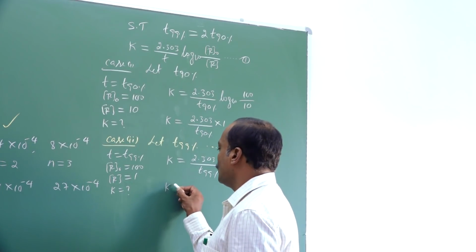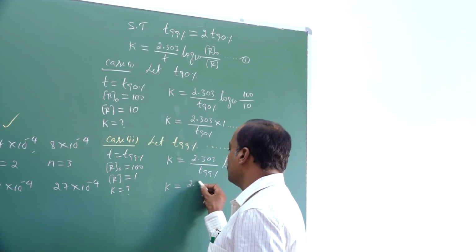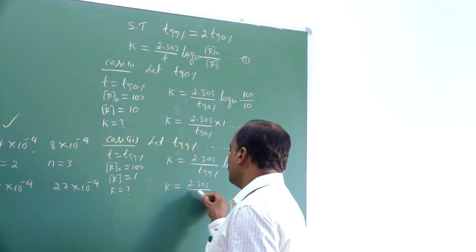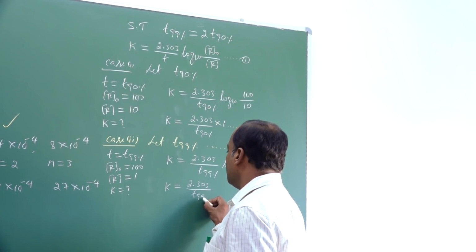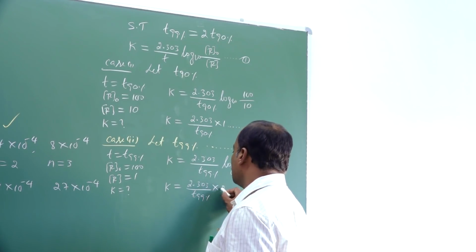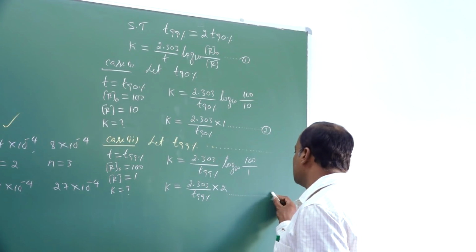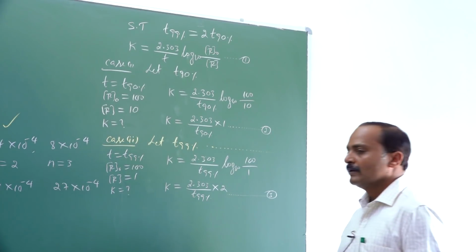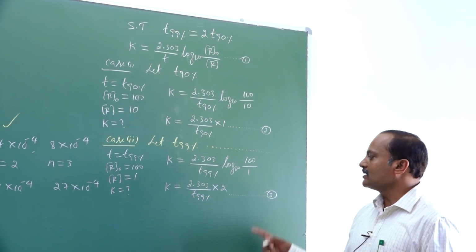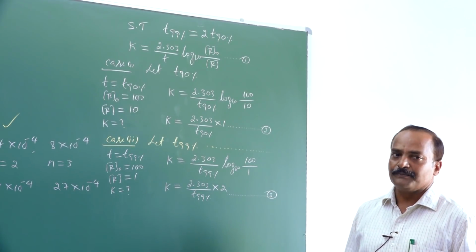k = 2.303 divided by T99% into 2, we call it equation number 3.